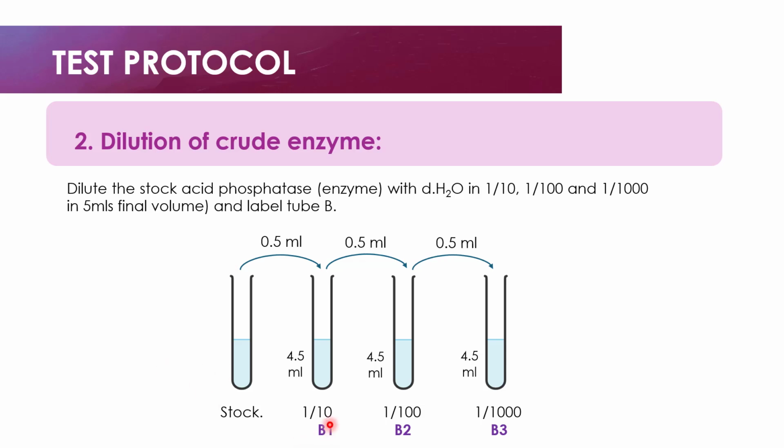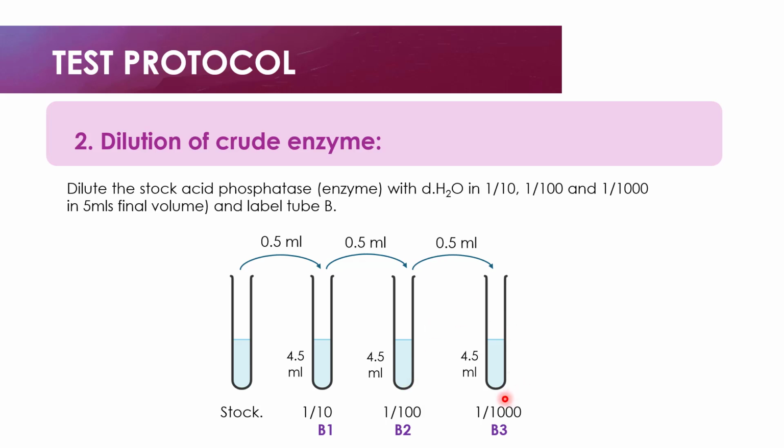To do 1 in 10 dilution, we pick 0.5 ml of our stock acid phosphatase and add to 4.5 ml of distilled water in a test tube. To prepare our 1 in 100 dilution, we pick from the 1 in 10 dilution 0.5 ml and add to 4.5 ml of distilled water.